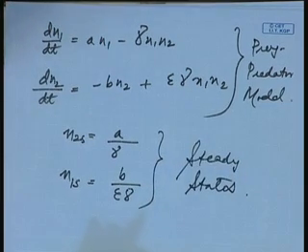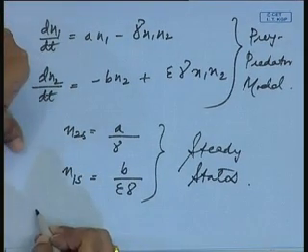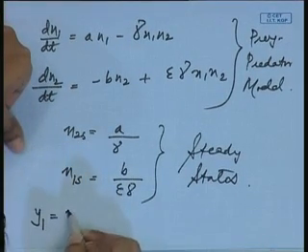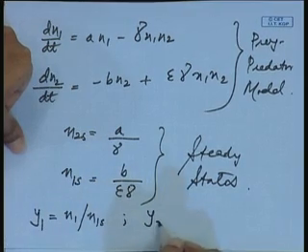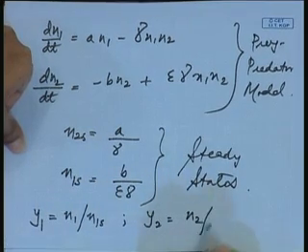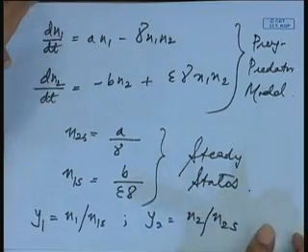Now, the next step that I want to do is convert these two equations into dimensionless form using these steady state values, or in other words, let us call y1 equals n1 over n1s and y2 equals n2 over n2s. Okay. So, this is what I am going to do.